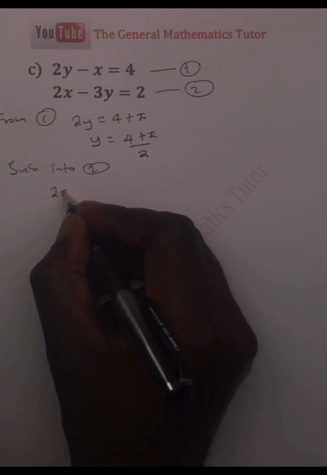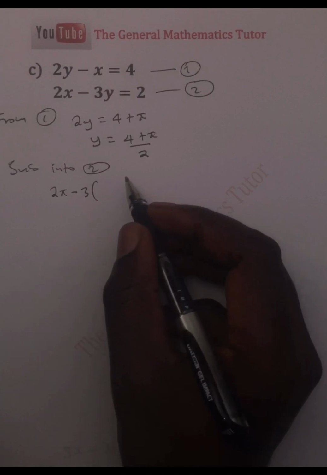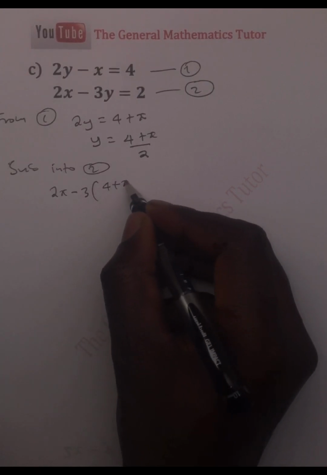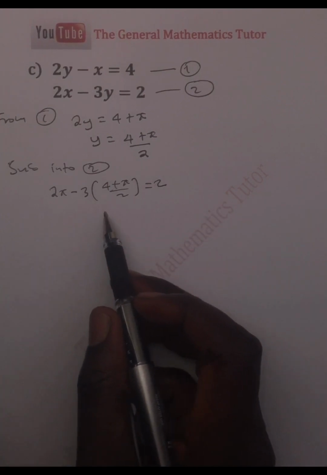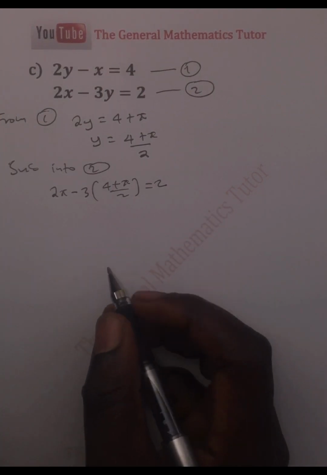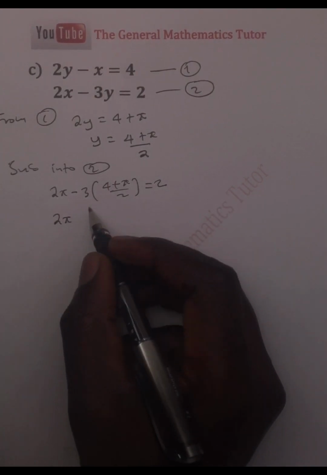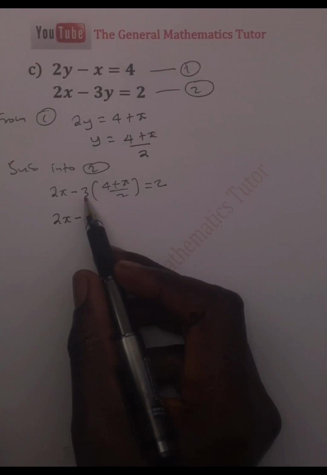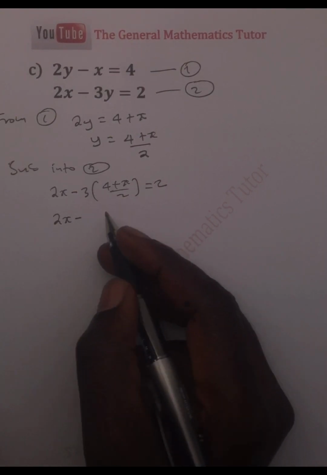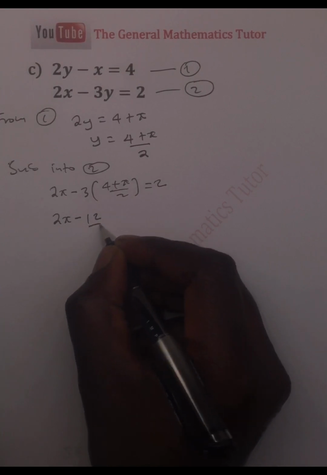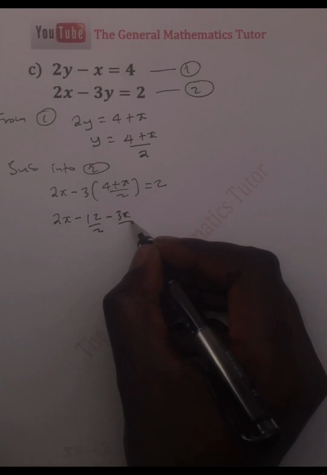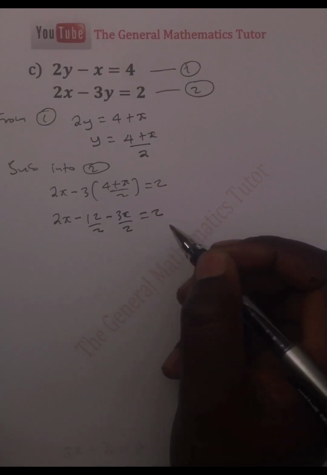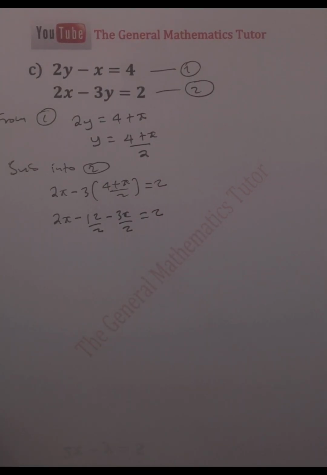So we'll have 2x minus 3y, and y is 4 plus x over 2, is equal to 2. So we just simplify this, so that we have 2x minus 3 times 4, that is 12, over 2 minus 3x over 2 is equal to 2. Then from there we just collect the like terms.